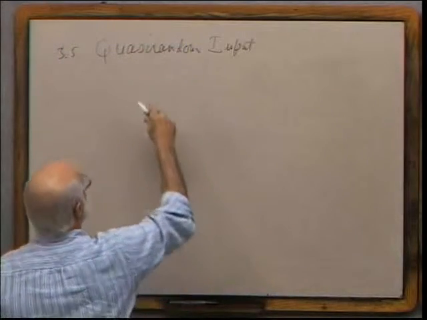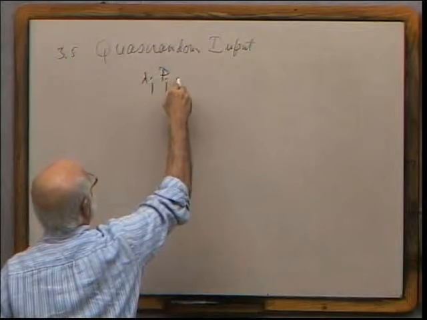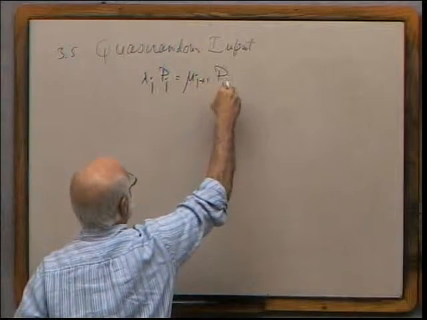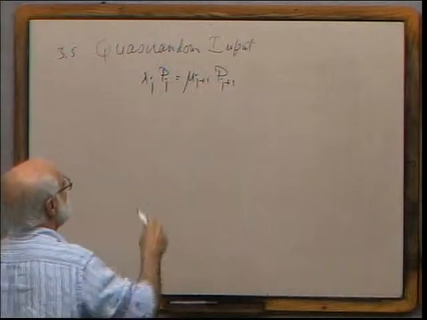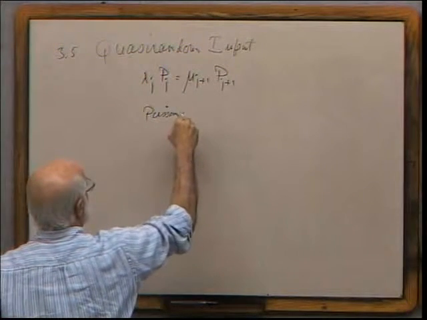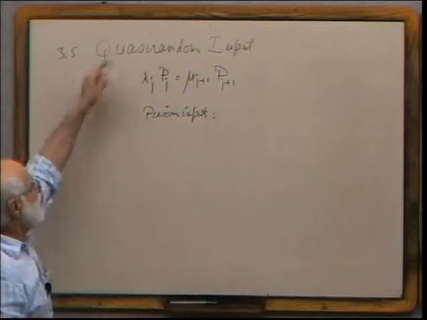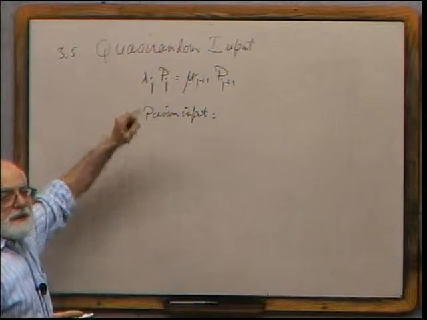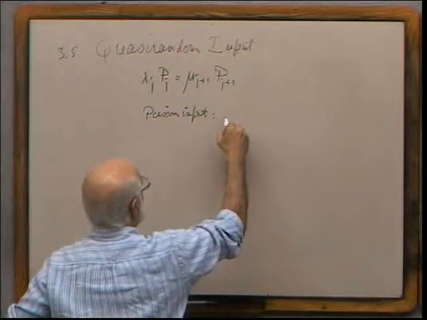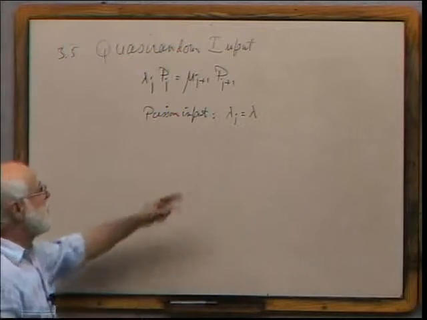We said lambda j pj is equal to mu j plus 1 pj plus 1. And then for Poisson input, we said that the birth coefficient does not depend on the state of the system, and so we wrote lambda j is equal to lambda, and that made everything simpler because we didn't have a dependence on j.